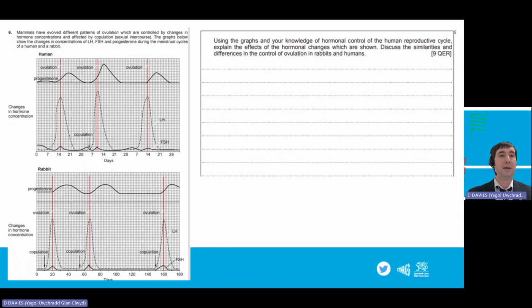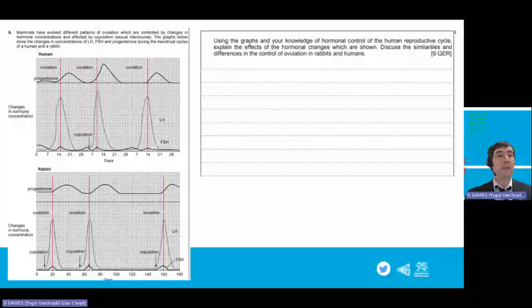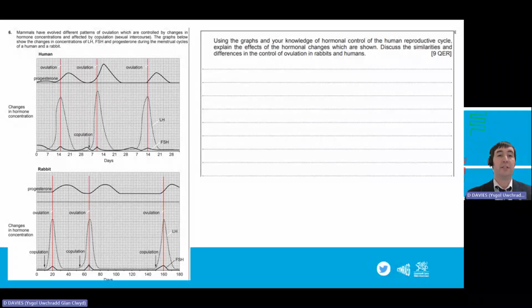Okay, so mammals have evolved different patterns of ovulation, which are controlled by the changes in hormone concentration and affected by copulation, which is a fancy word for sexual intercourse. Graphs show the changes in the concentrations of LH and FSH and progesterone during the menstrual cycles of a human and the rabbit.